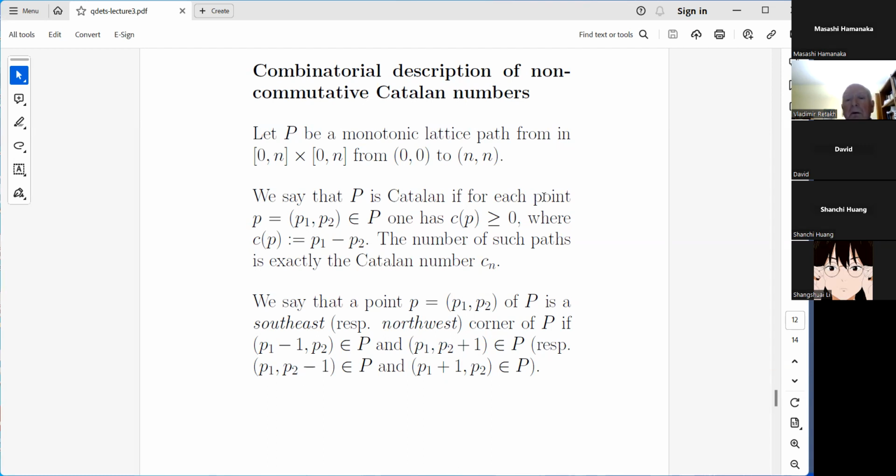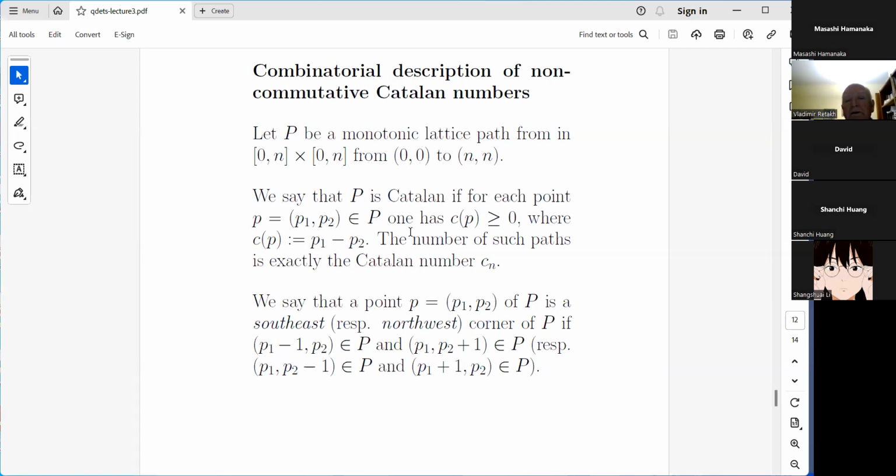Now, more formally, the path P is Catalan if for each point with coordinates P1 and P2, P1 is greater than or equal to P2.